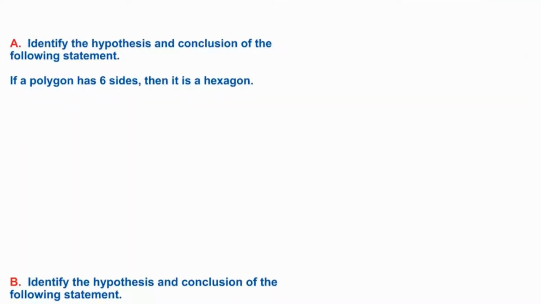If a polygon has 6 sides, then it is a hexagon. In this statement, a polygon has 6 sides is the hypothesis. It is a hexagon is the conclusion.